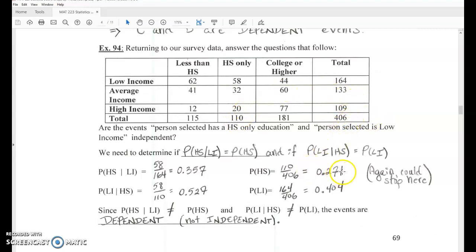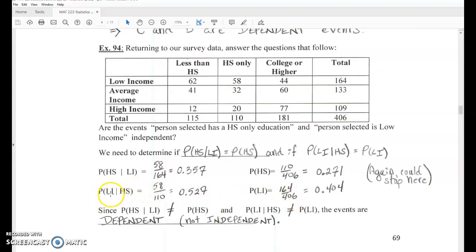So that's 0.7271. That's a lower probability. So there seems to be some relationship between having a high school education and whether you're in the low income group or not. However, we could stop there because these are not equal, but I just want you to see how to do both of them in reverse order. Once one of these is not equal, you could stop.